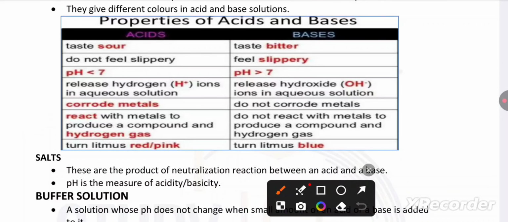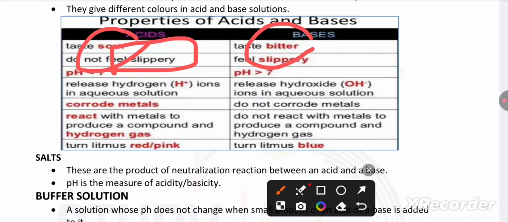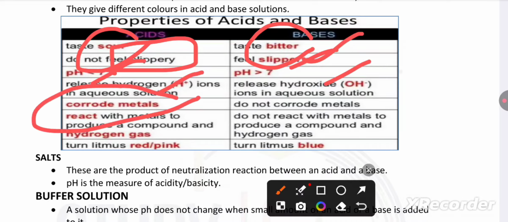Properties of acids and bases. Acid taste is sour, base taste is bitter. Bases are slippery, like soap, we know, right? That slippery, silky feel is not present in acids; it is present in bases. We know the pH levels, which is the main content.